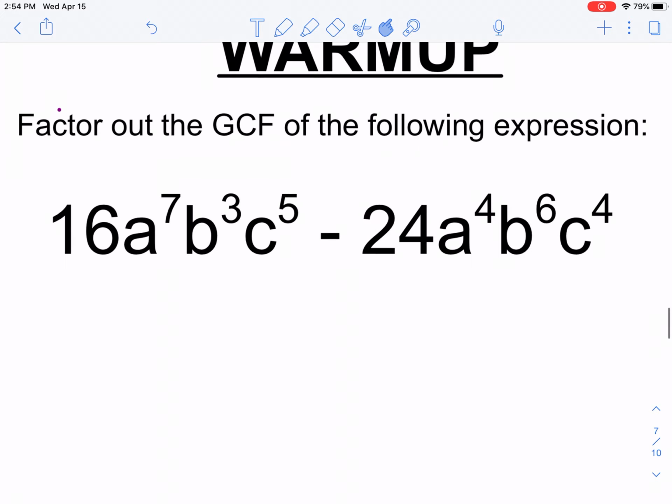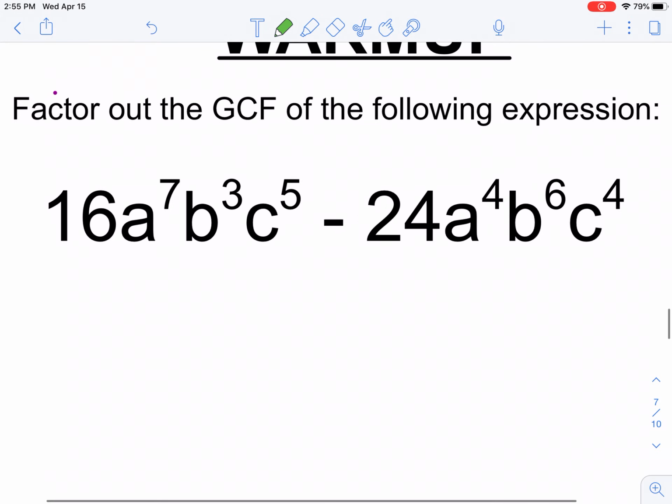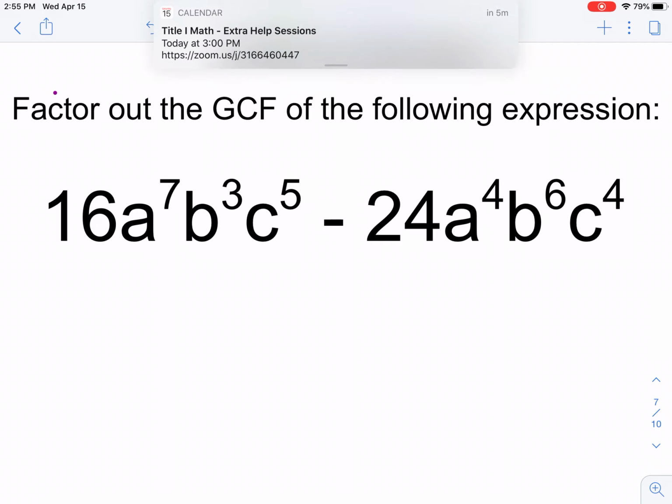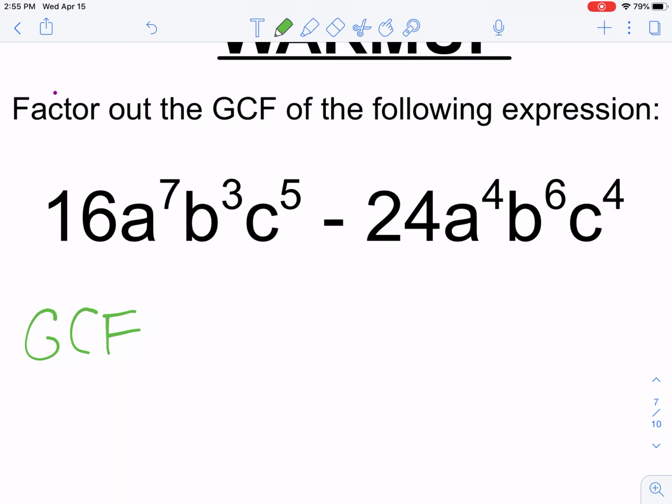Just as a review of the GCF method itself, you need to just factor out the GCF. So the GCF of 16 and 24 is going to be 8. Then the GCF of A7 and A4 is A4. The GCF of B3 and B6 is B3. The GCF of C5 and C4 is C4.